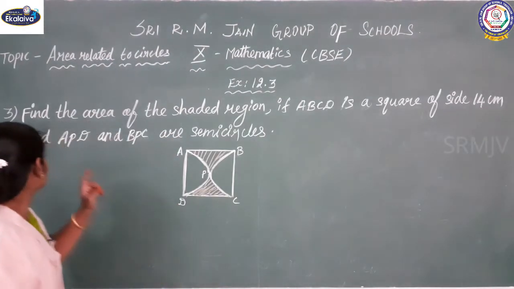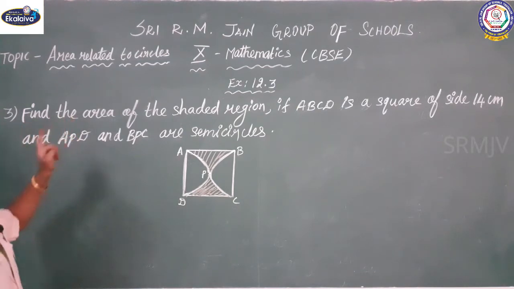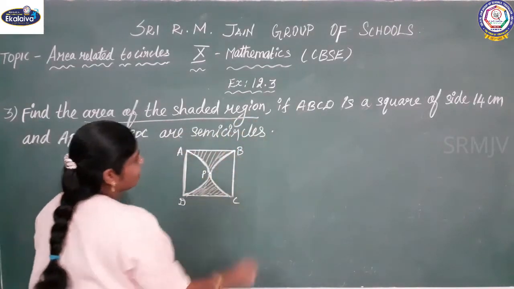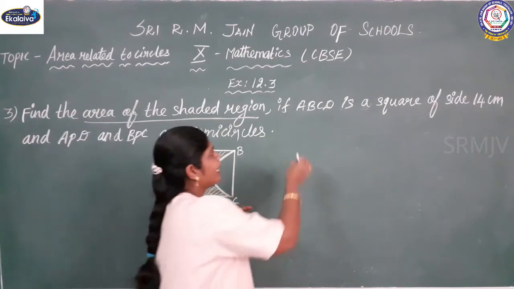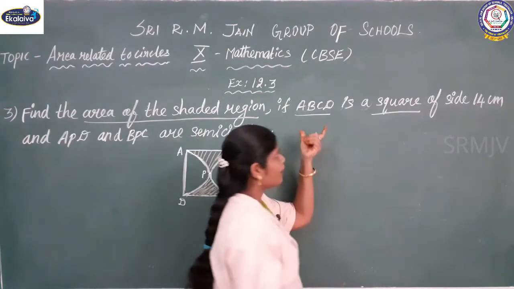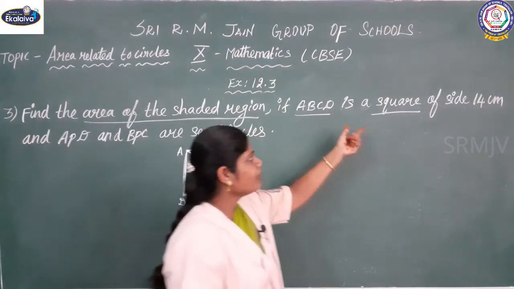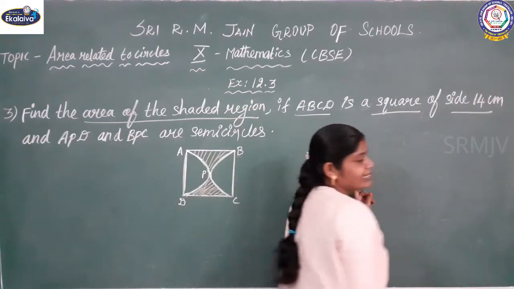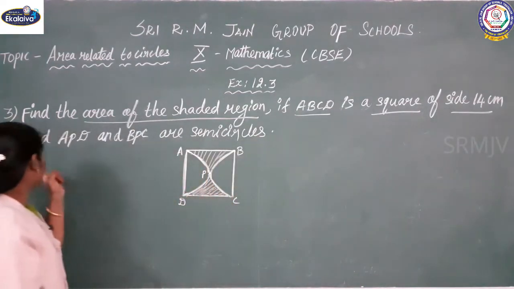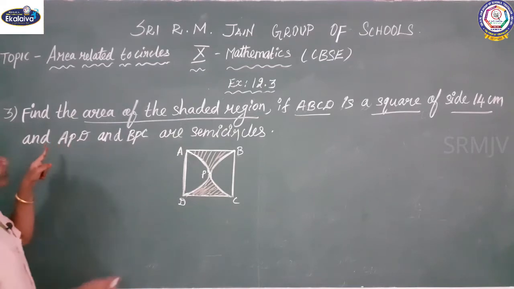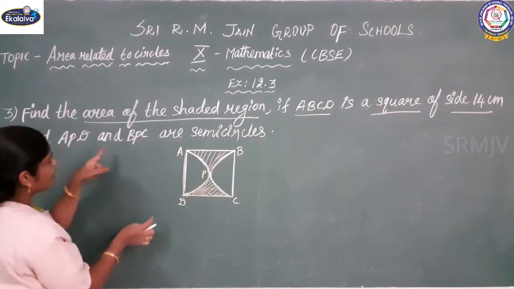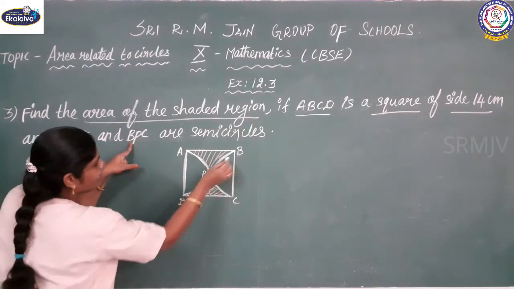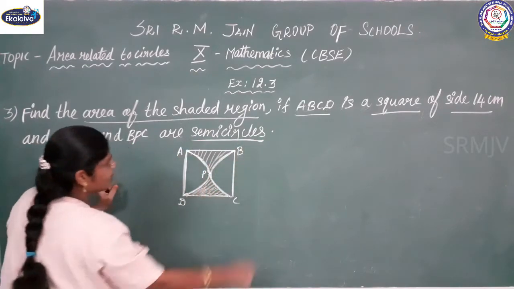Next question, third one. Find the area of the shaded region if ABCD is a square. ABCD is a square of side 14 centimeter. Okay, and APD and BPC are semicircles.